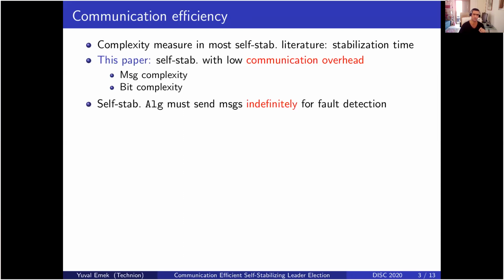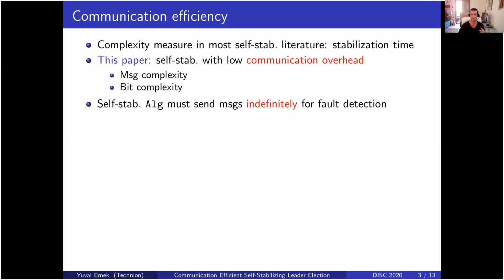And this turns out to be a little bit tricky when it comes to self-stabilizing algorithms, because such algorithms are required to keep on sending messages indefinitely for the purpose of detecting faults. Which begs the question of how do people measure the communication overhead of a self-stabilizing algorithm?